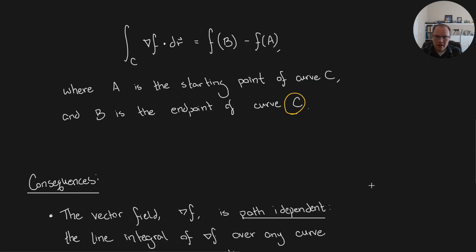Okay, why is that? Because when we're taking the integral here, all that matters in the end is the endpoints. Doesn't matter about all the points in the middle. Okay, so if I have two curves, let's say I have this curve here, we'll call this one C1. Okay, starts at point A, ends at point B. And then I have another curve right here.